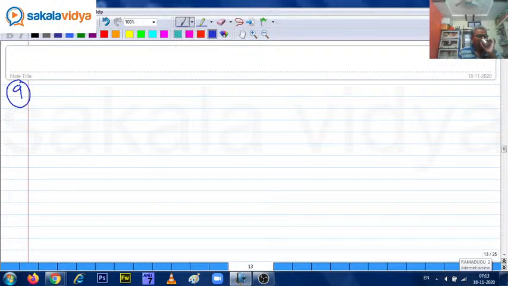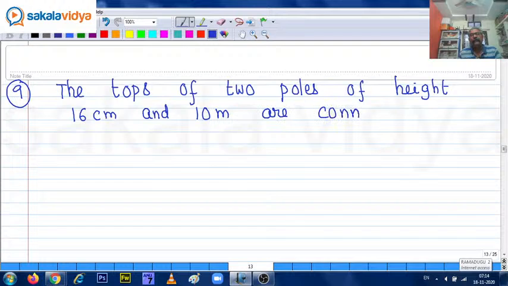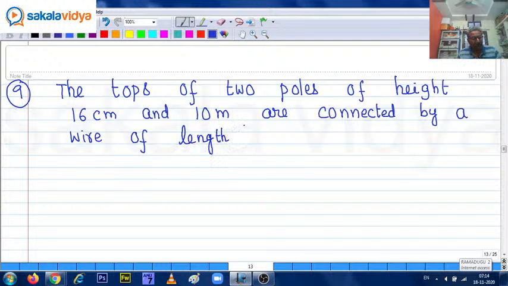Okay, ninth one. The tops of two poles of height 16 meters and 10 meters are connected by a wire of length L meters.